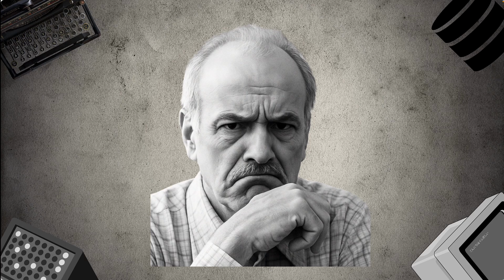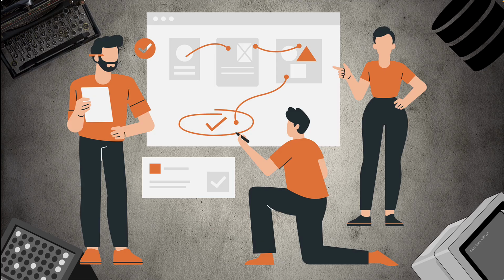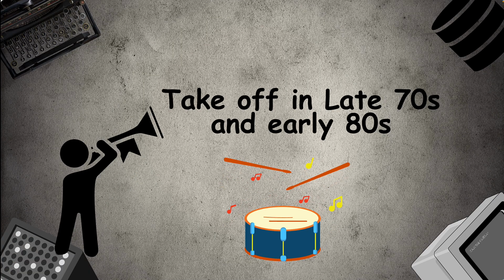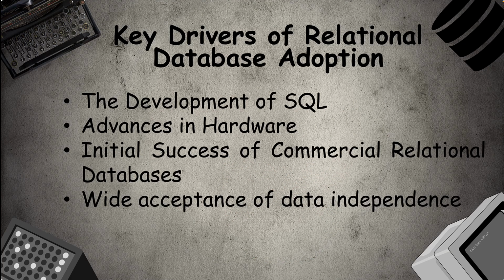But over time, the prototypes built in universities and research labs began to show that the relational model could actually work. But it wasn't until the late 1970s and 1980s that relational databases really took off, driven by several important factors. There are a few key factors.